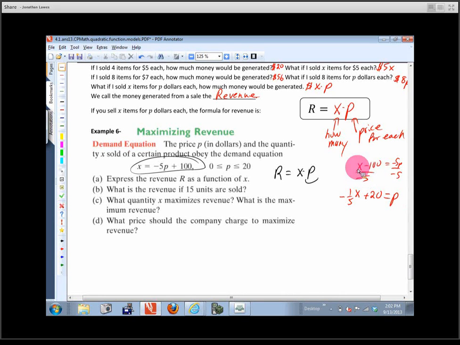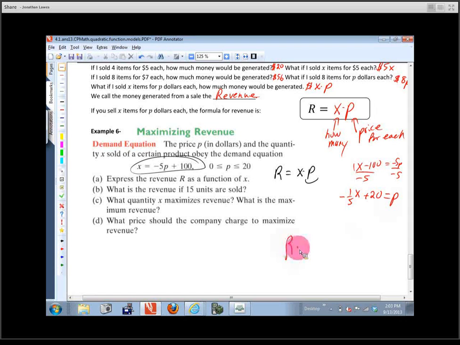I broke this into two separate fractions, X over negative 5 and negative 100 over negative 5. So I'm going to pull that 1 out front. It's like a negative 1/5, so I can see what the coefficient is, and then plus 20. And that's what P is.